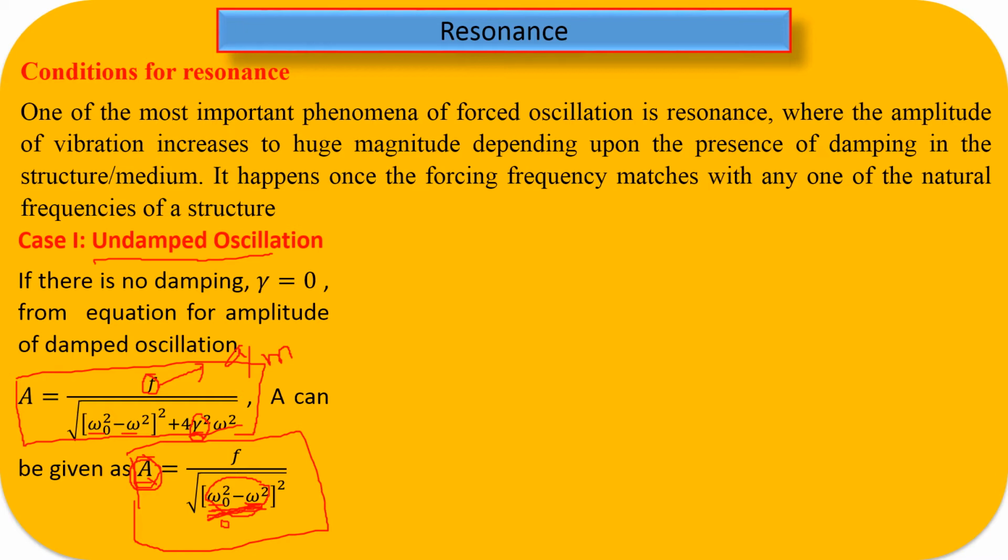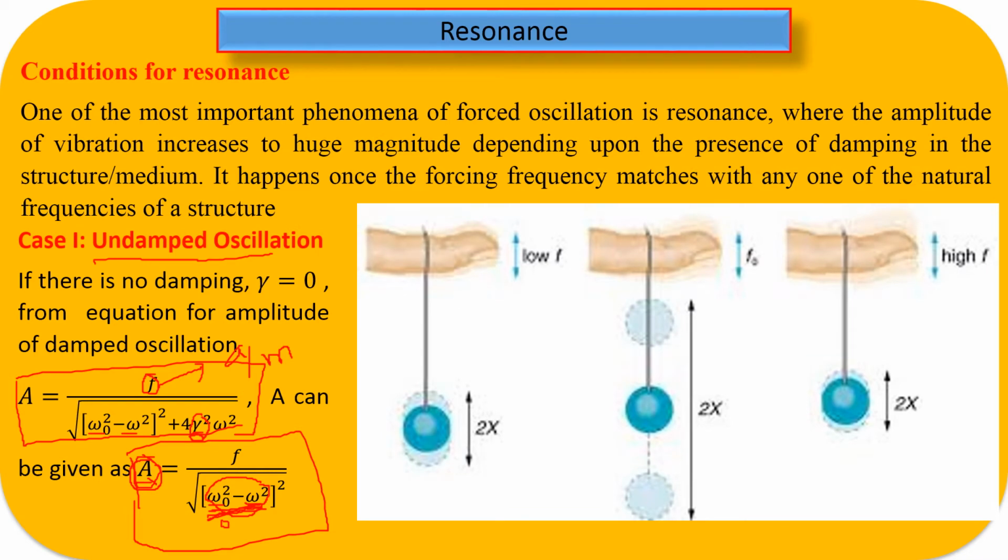So let us try to understand with an example over here. Here I have taken the ping ball with which you must have played, that is, here you have a rubber string, and here you have a mass which is also of rubber type, and you have tied it to your finger, right? Now you start oscillating this ping ball with your finger.